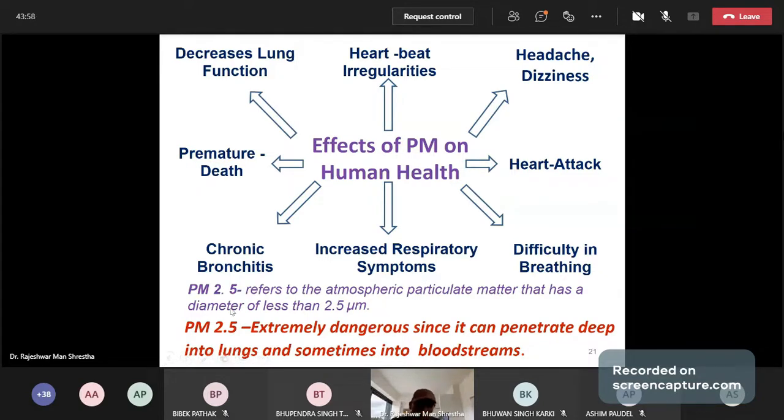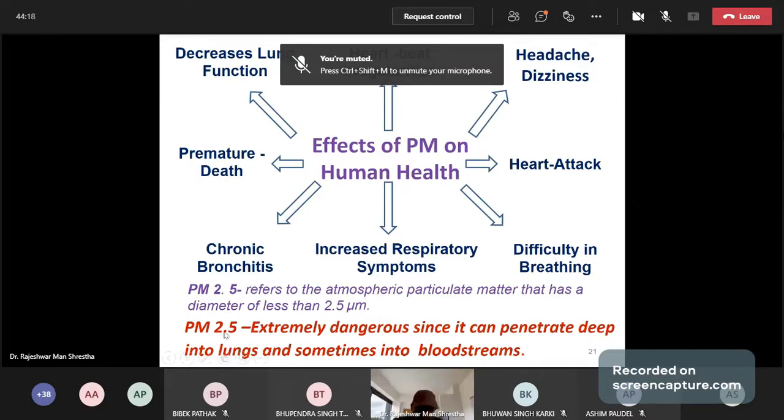PM 2.5 particulate matter refers to atmospheric particulate matter with a diameter less than 2.5 micrometers. That is the most dangerous one. In the next slide, I will explain what happens when PM 2.5 enters the air passages of the lungs.